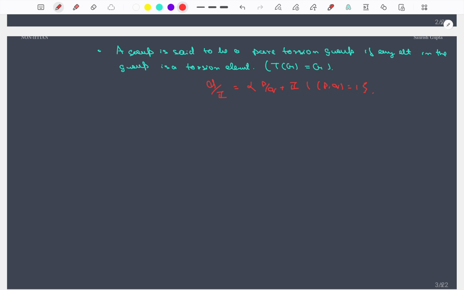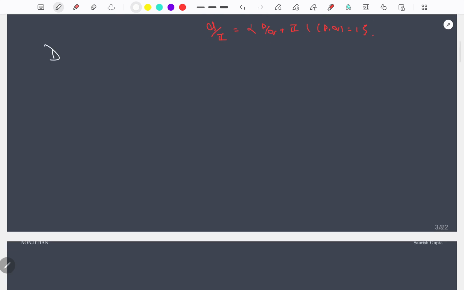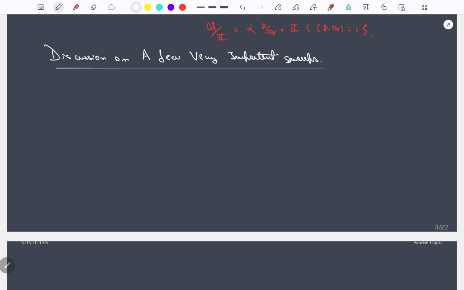And now let me move on to a primary discussion on a few very important groups. Now moving on to such a discussion, I would like to speak about something which I do not find very relevant to speak about at least at this point, but nevertheless it's a good discussion to start with, which is the notion of a group action.